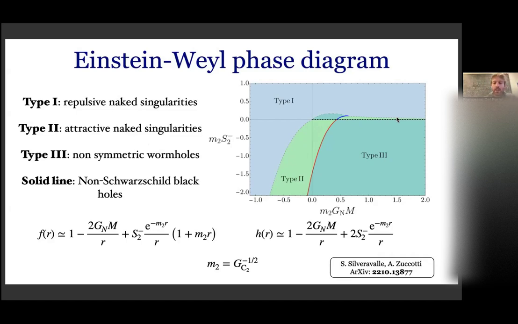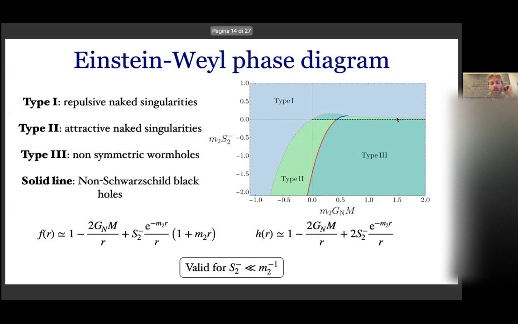Okay, this diagram is just a plain analysis of the whole possible solution space, spherically symmetric and static solutions of Einstein-Weyl gravity. What we added with respect to the previous analysis at the classical level was just to notice that this analysis is valid in this regime, where S2 minus is much smaller than M2 to the minus 1.